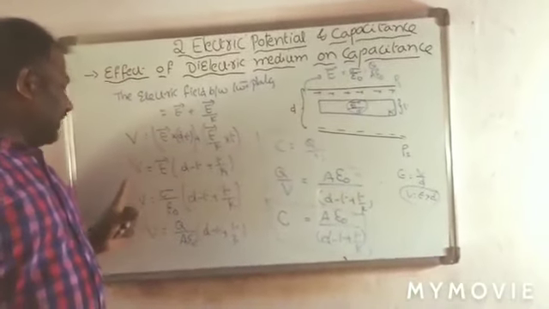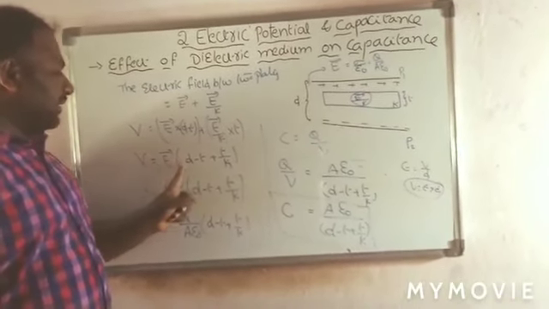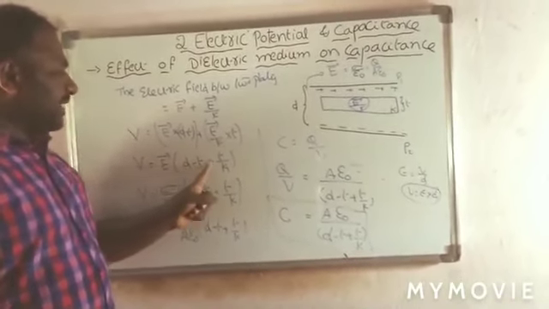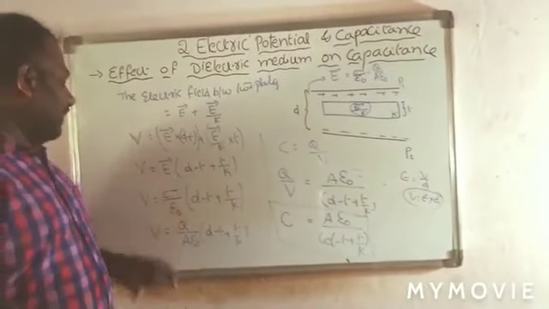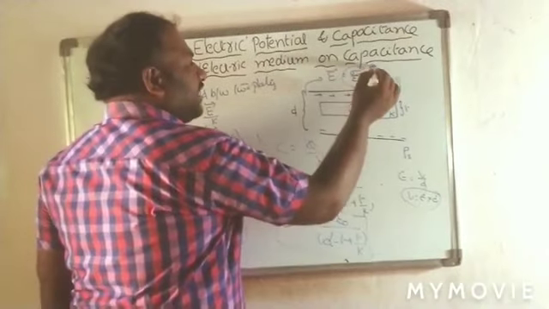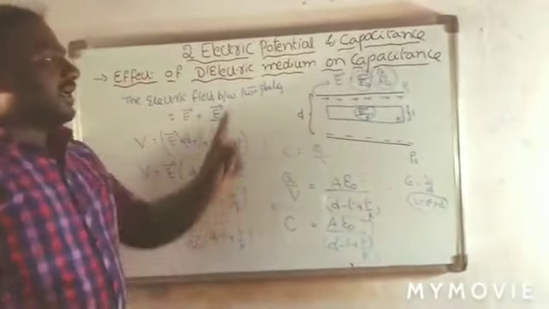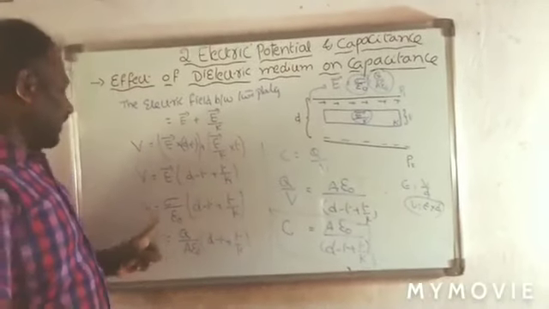By substituting the electric field, this potential V is equal to E bar common (D minus T plus T by K). But we know that electric field is nothing but sigma by epsilon naught, where sigma is Q by A. So the electric field in the free space can be written as Q by A epsilon naught.